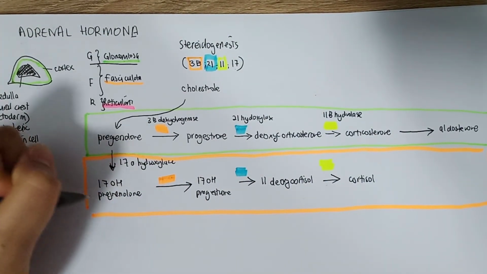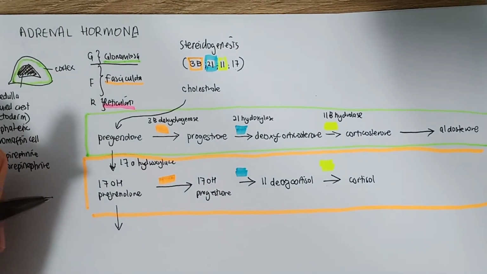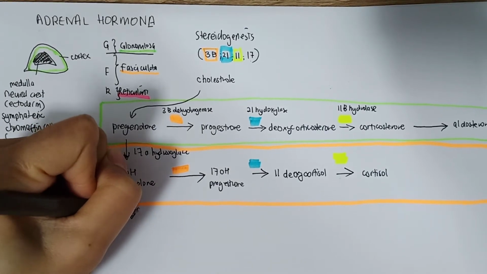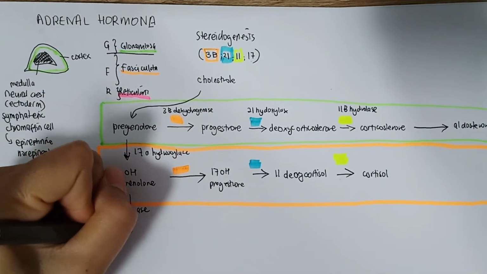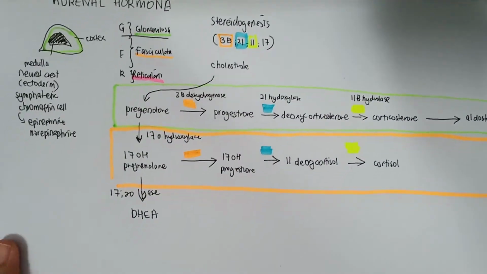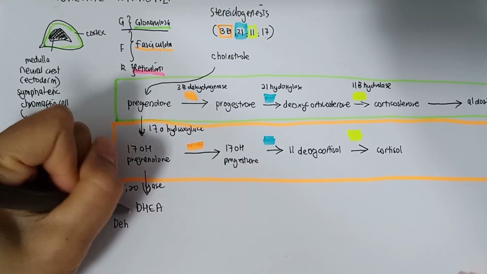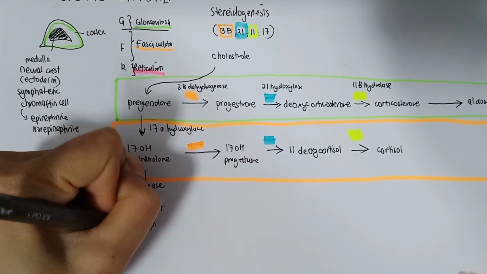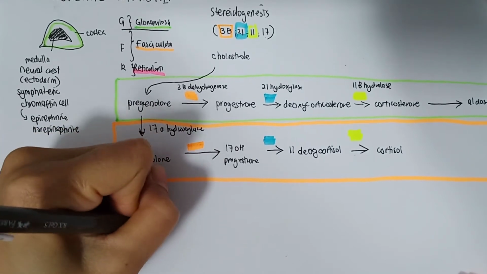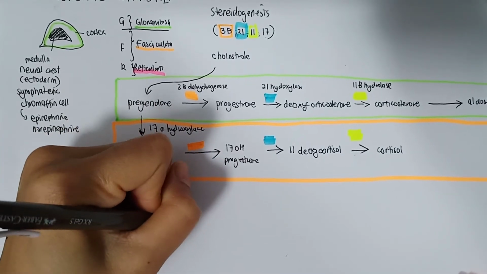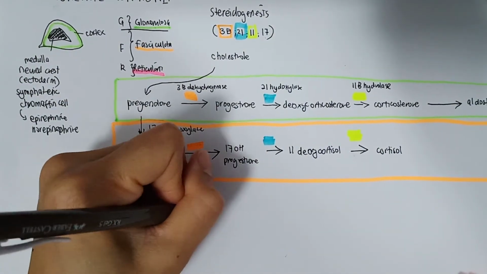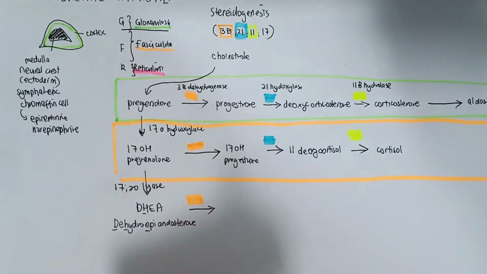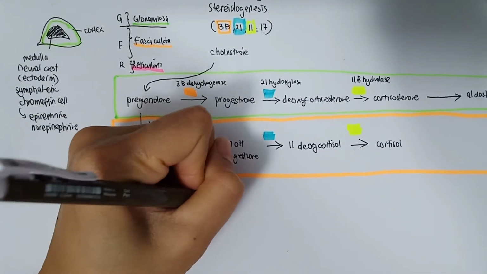Now, the 17-hydroxypregnenolone will go further into the reticularis by the help of the enzyme 17-20-lyase and will produce our important DHEA. So DHEA is dehydroepiandrosterone. And DHEA will convert using the same enzyme, 3-beta dehydrogenase, to androstenedione.